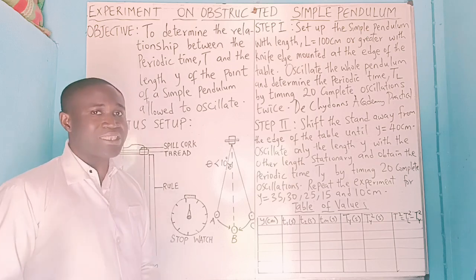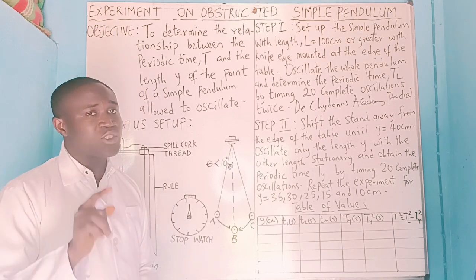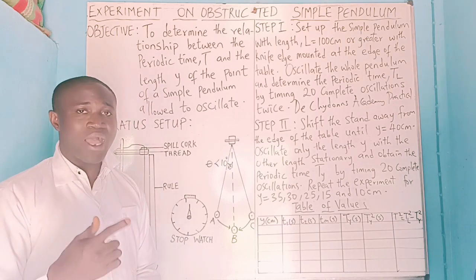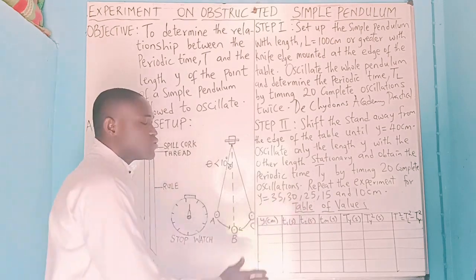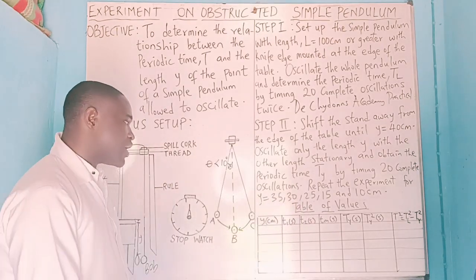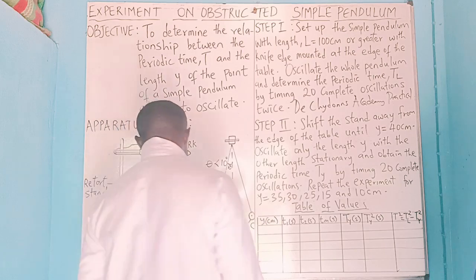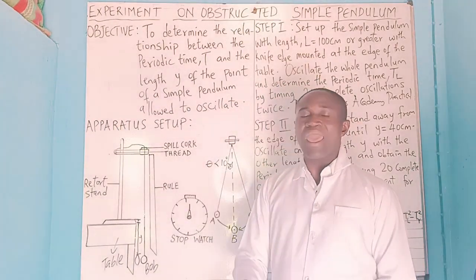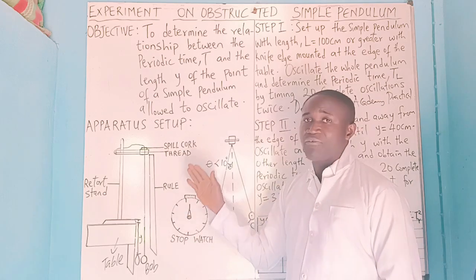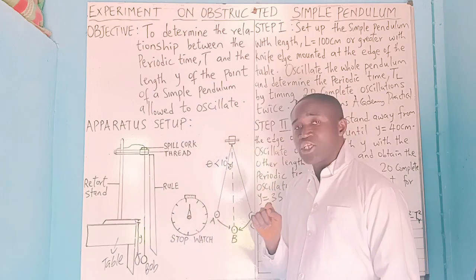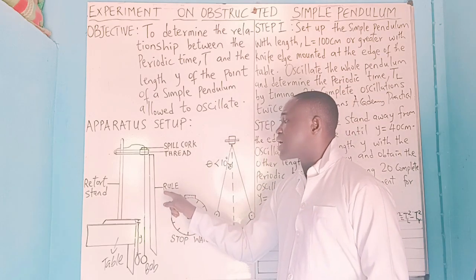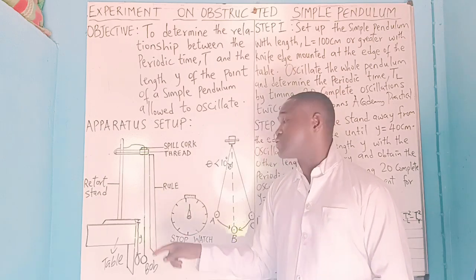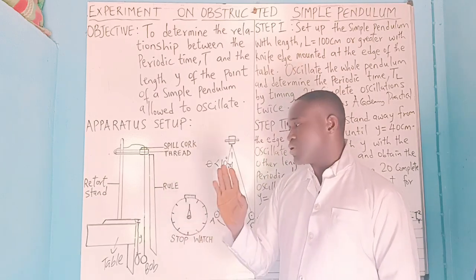Once the air is interfering in the experiment, it will affect the time you will get for your result. Are you getting it? It will affect it. And you have to also note again that a meter rule was used. So error due to parallax is also avoided by making sure that I take my reading vertically downwards from the meter rule. Note that one.